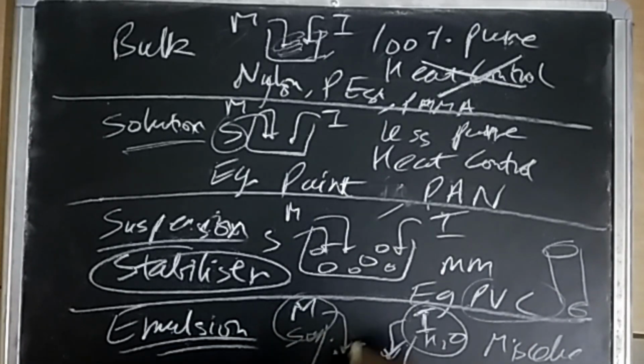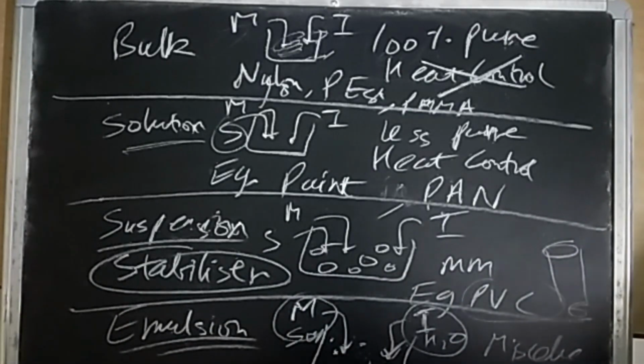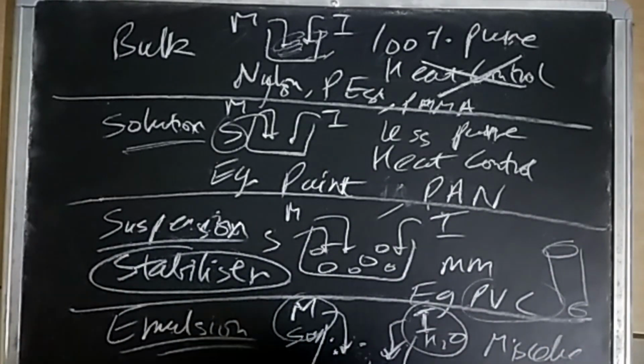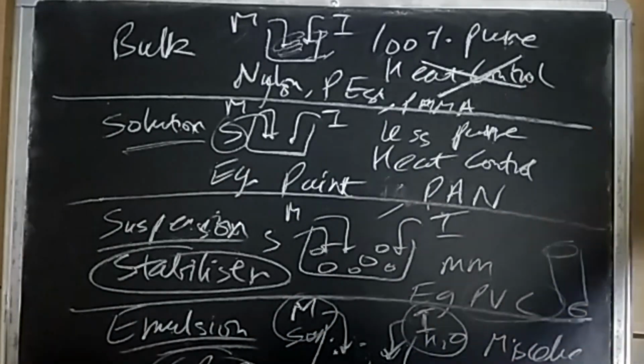They will be even smaller polymer particles, of micrometer size, but the molecular weight will be more because now more such particles would be there. It is the least pure. An example of this is SBR, styrene butadiene rubber, and sometimes PVC also.